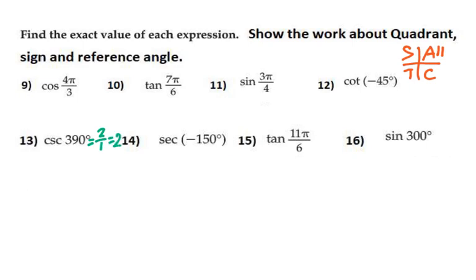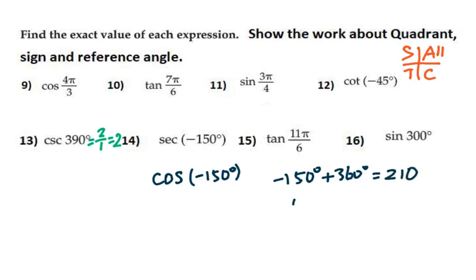Now let's go to secant -150. We need to figure out cosine -150 degree first. -150 degree add 360. That's 210. Go to QRS.